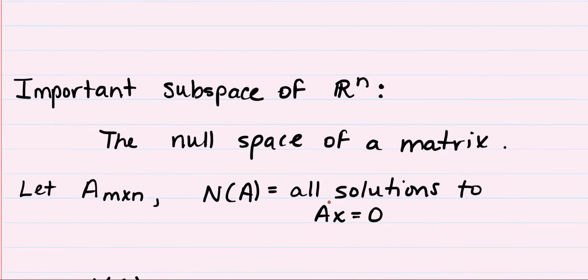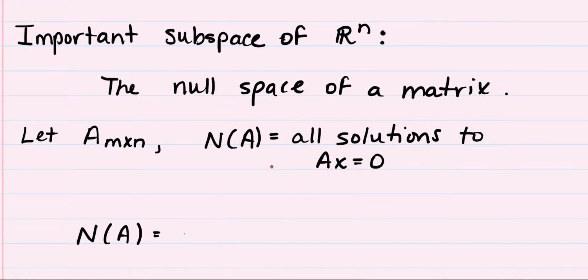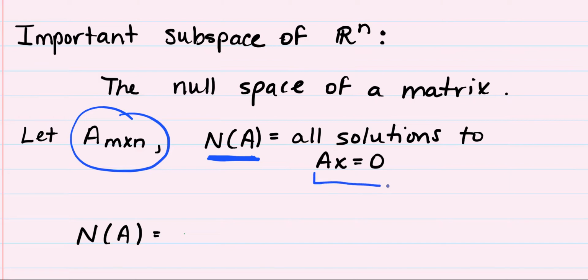Let's move on. I want to talk about an important subspace of Rn, and that's called the null space of a matrix. So suppose we have an m by n matrix. The null space, which we denote N(A), is equal to all solutions to A times x equal to 0.